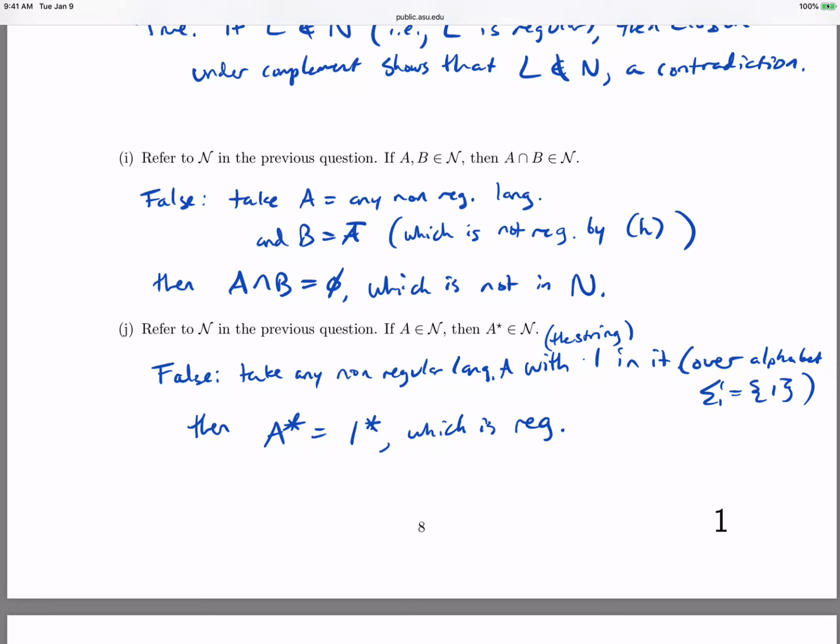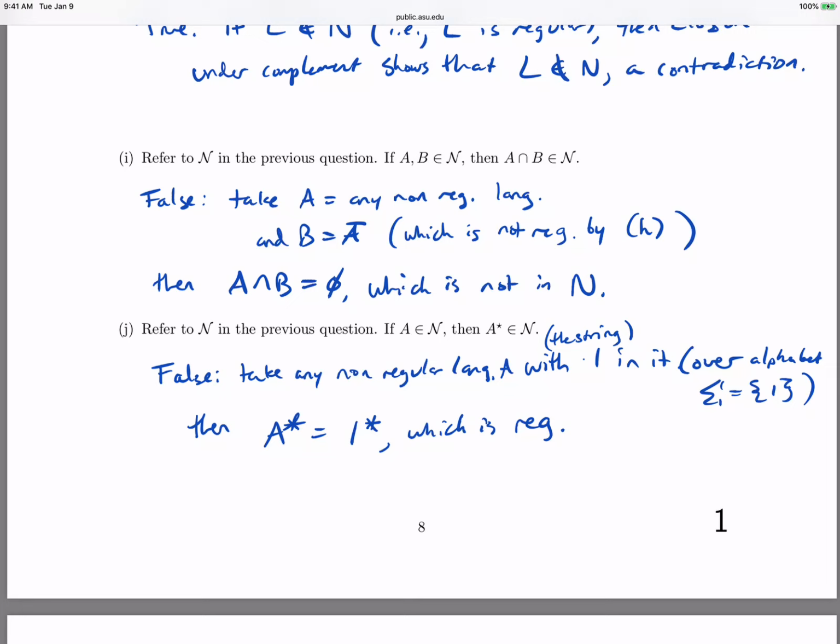Okay, any questions about question 2 in general? 3, I guess. Yeah. This question, can we give an example for I, like if we have two non-regular languages, they won't make a regular language. Is that considered a counterexample?